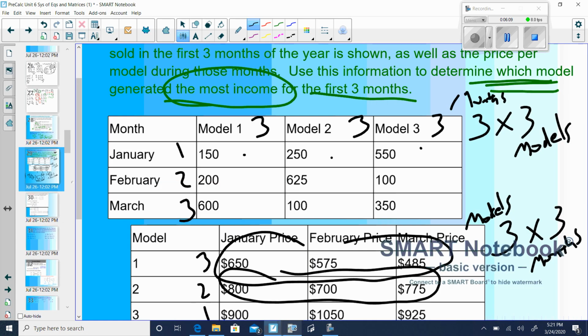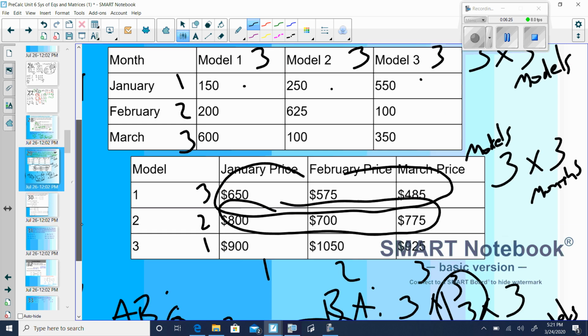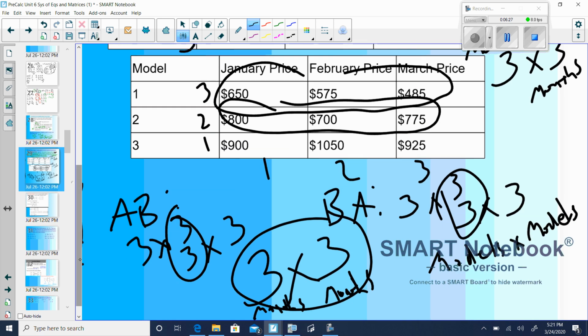So we have months and models in A. So months are our rows, model 1, model 2, model 3. And we have models and months for rows and columns in B. So what you're going to find when you look at these numbers, let me come back here to the calculator.